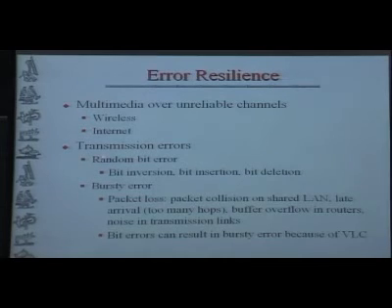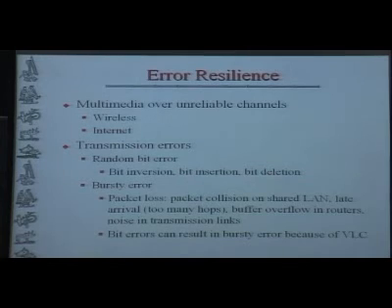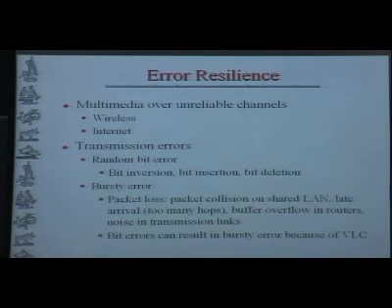Number one, random bit error. Random bit error means you either have a bit inversion, bit insertion, or bit deletion. You get a bit that is wiped out completely, or you get an extra bit somewhere in your data, or a 0 is turned into 1 or a 1 turns into a 0.